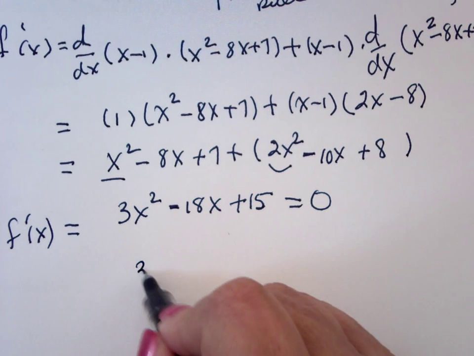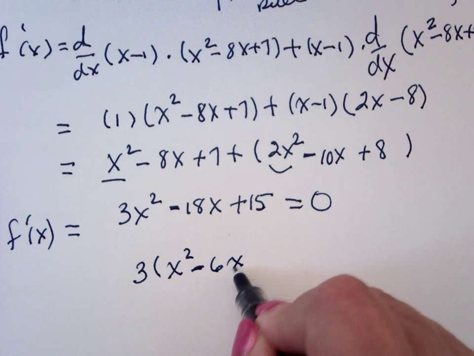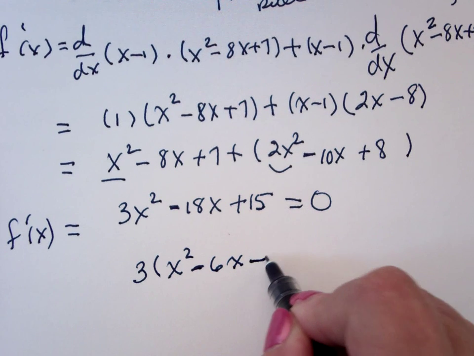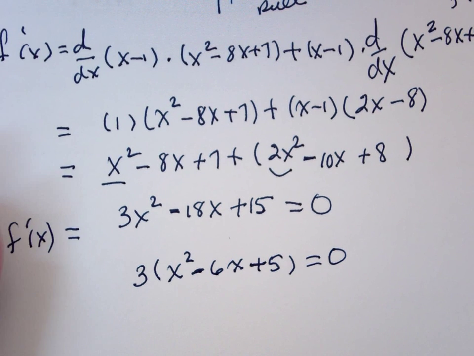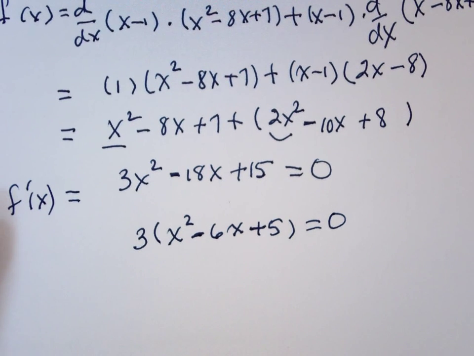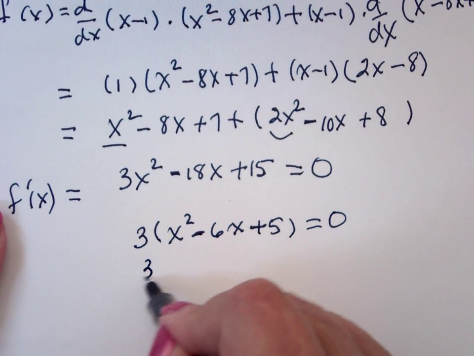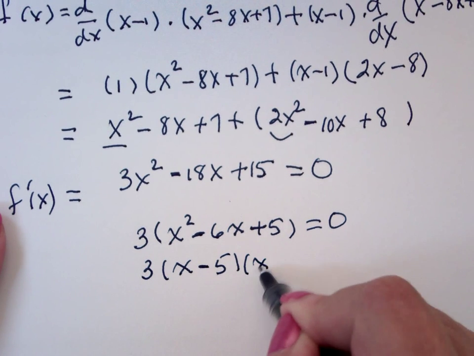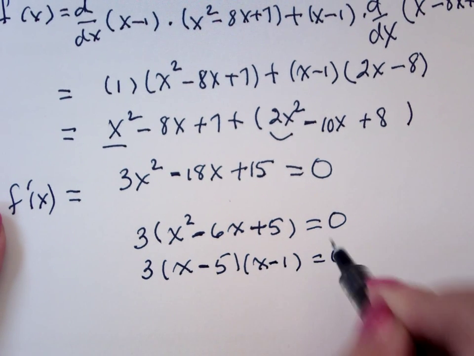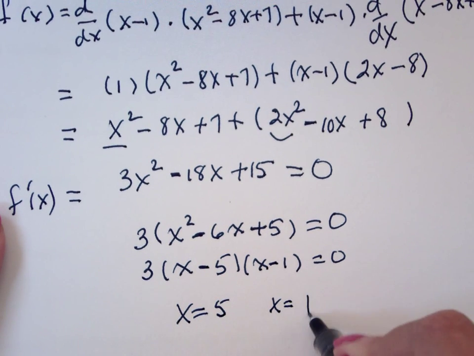So it's a greatest common factor of 3, so x squared minus 6x plus 5 equals 0. Yippee! Look at that. He factors. Whew. I would have never gotten that otherwise. So this is 3 times x minus 5 times x minus 1 equals 0. X is 5. X is 1.